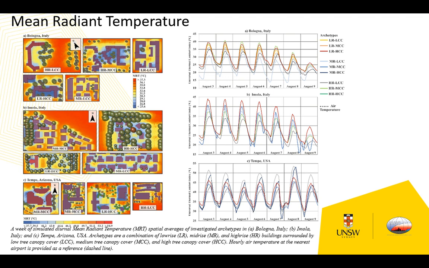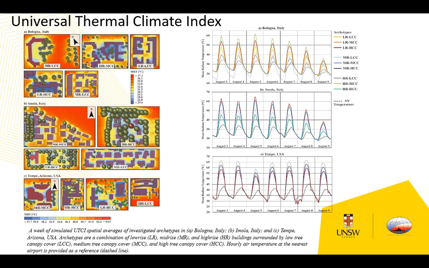But if we see a high-rise context in Tempe, in Arizona, we cannot be sure, because even with high-rise buildings around, the mean radiant temperature, or UTCI, shows extreme heat.